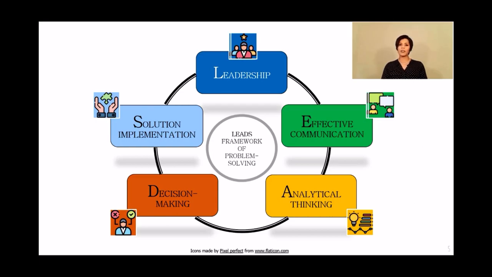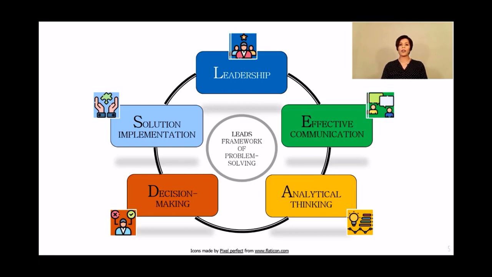An analytical thinker is already halfway to becoming a good decision maker, and so on. So, improving on any one or a few skills will have tremendous beneficial spillover effects. Let us now turn our attention to an overview of each of the LEADS skills.